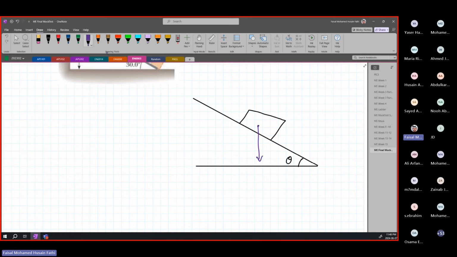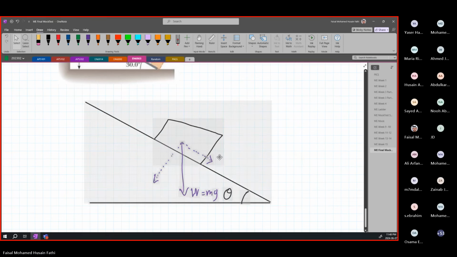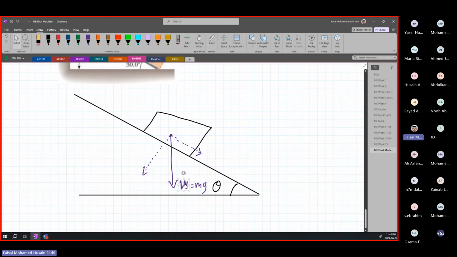And you're going to have gravity split into two components in this case, because we want it to be aligned with the direction. So you're going to have this as your W, which is equal to mg.